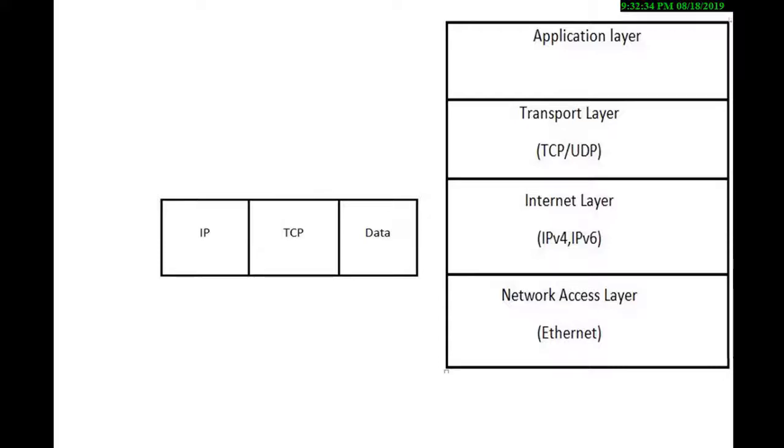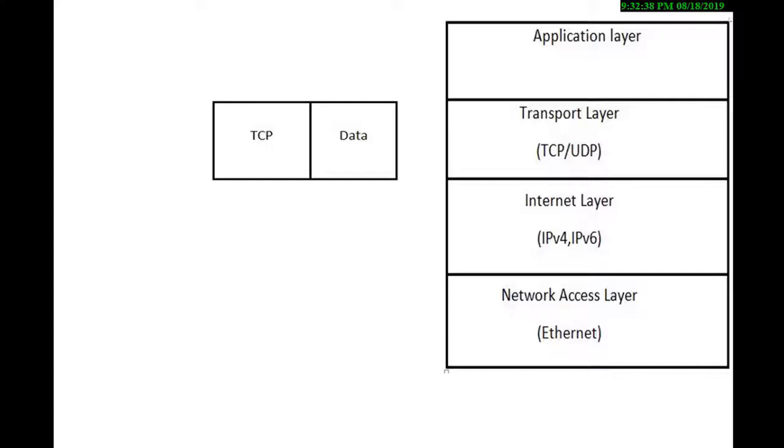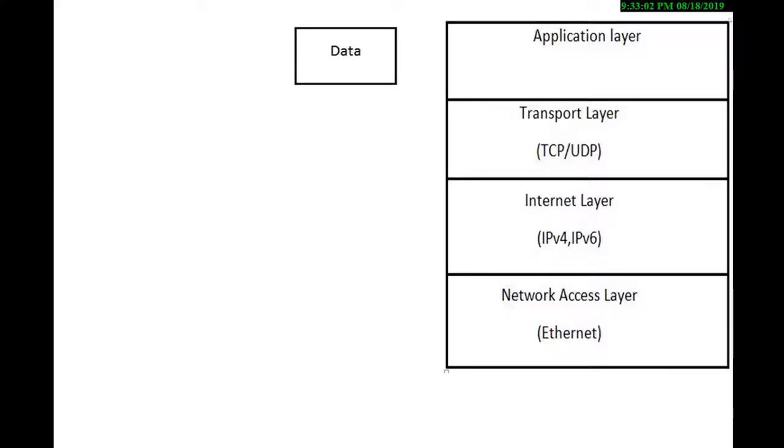So it will strip out the IP header and deliver it to the TCP protocol module. The transport layer again does the exact same thing as the lower layer. It looks at the TCP header and different fields, and then it strips out the TCP header after checking all the fields, and delivers the data to the application layer, which in this example is HTTP.